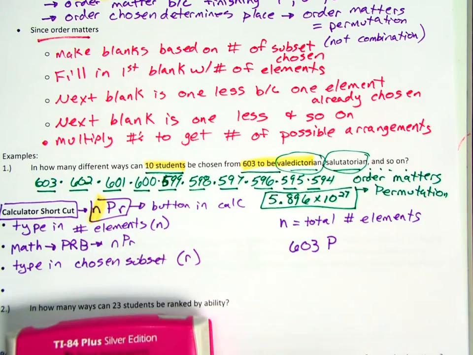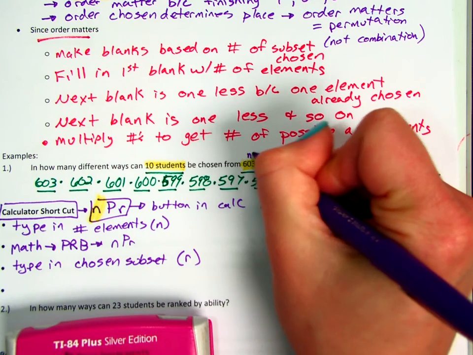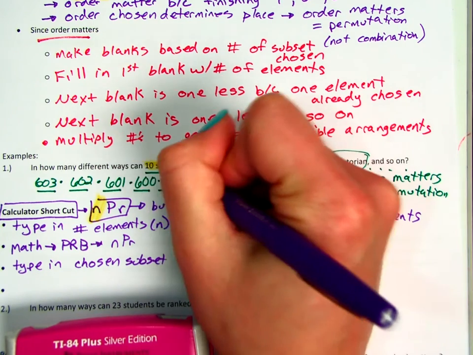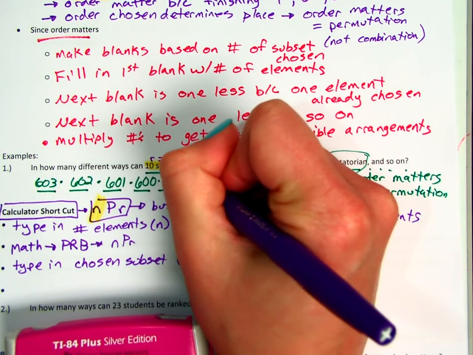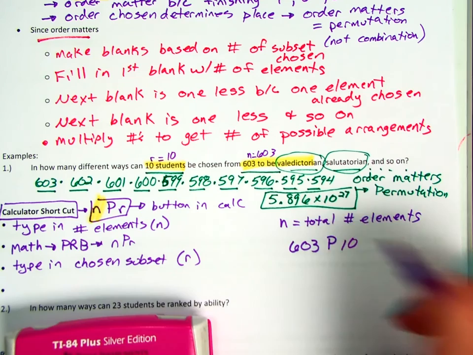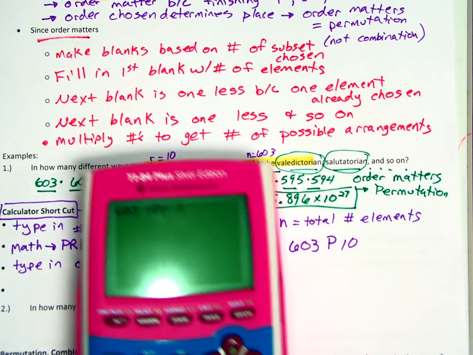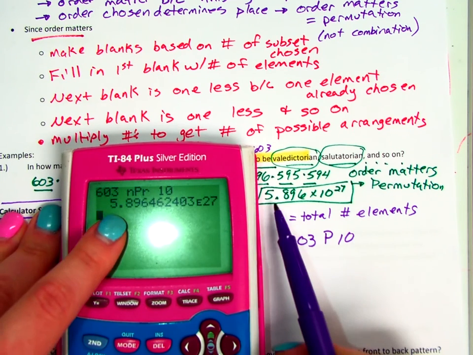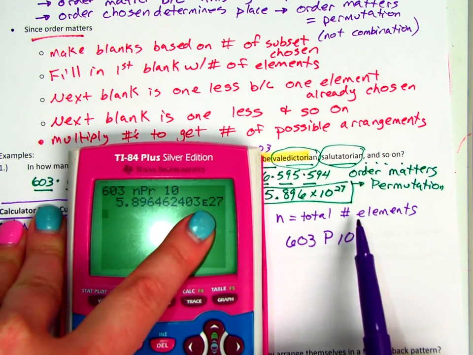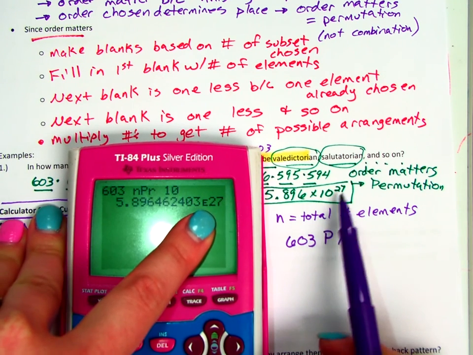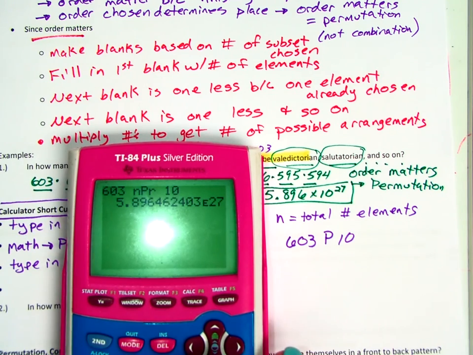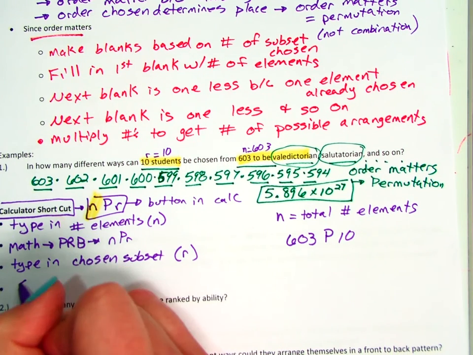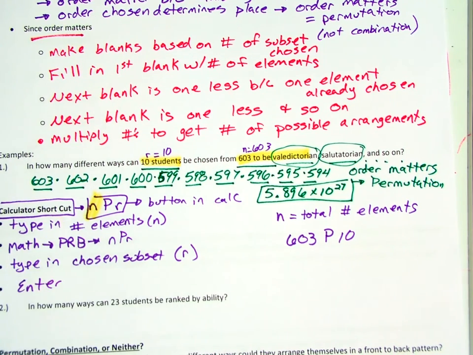So in this case, I was choosing, so this is my N, my total number was 603. I was choosing 10, so that's my R. So then we type in that next. So 603, NPR 10, and we get that same number, 5.896. E means times 10 to the 27th. Okay? Oh, and I forgot, you had to press enter.